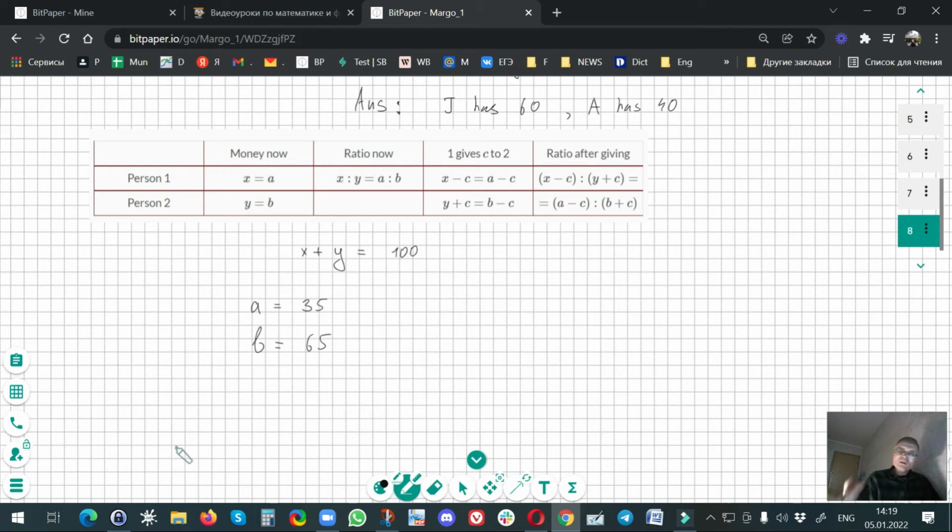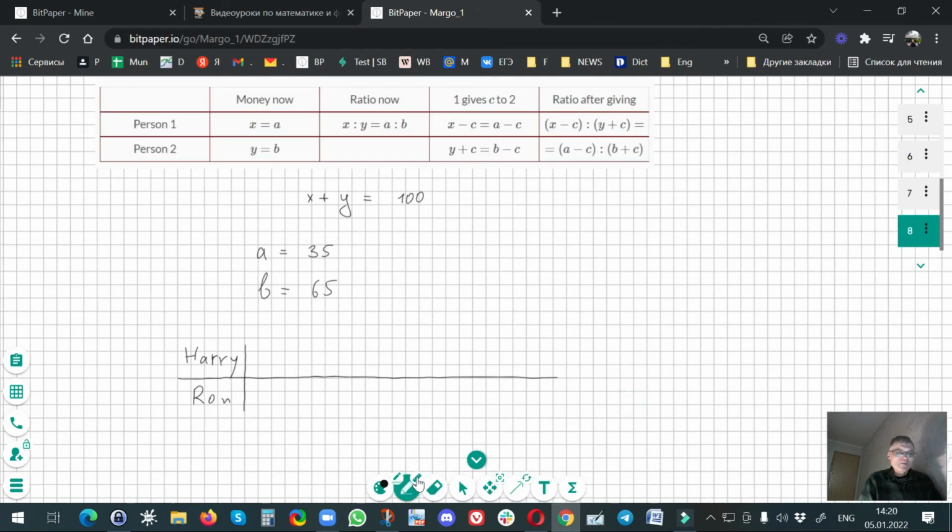Let it be again Harry Potter. Harry, and the next person will be Ron. But in this case, we're not talking about pounds. They are coins. I don't remember what they were, but they were definitely different. Just the number of coins, gold coins.